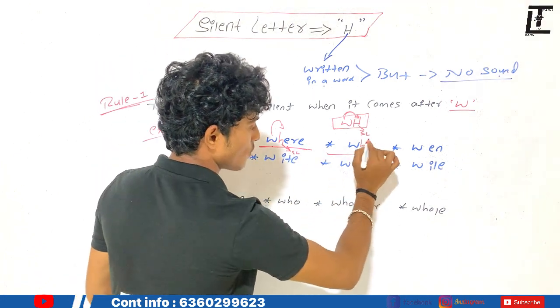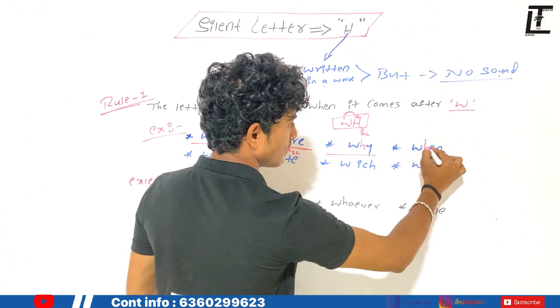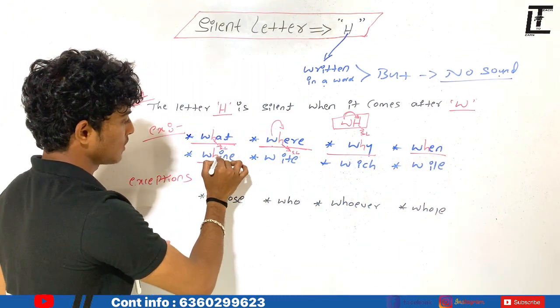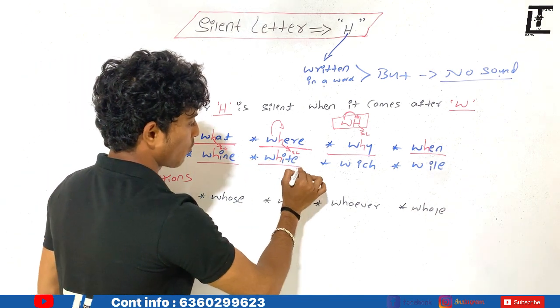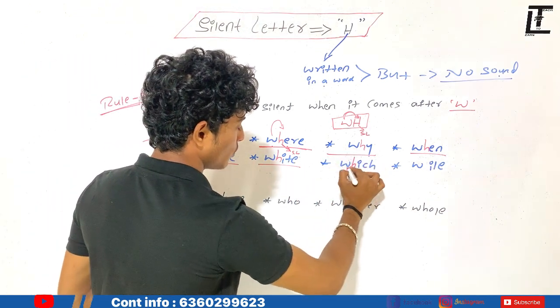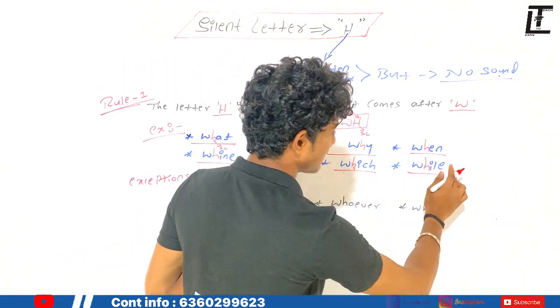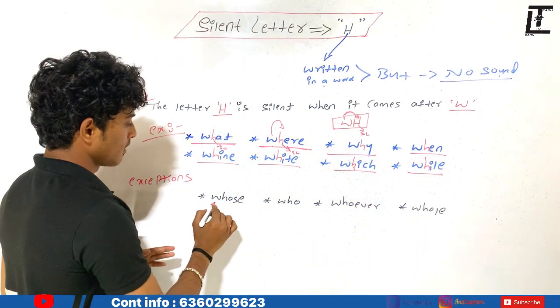This is why. This is when. And the next word is pronounced as wine. This is wine. And which. The letter H is silent, and here it is pronounced as wich. Fine.